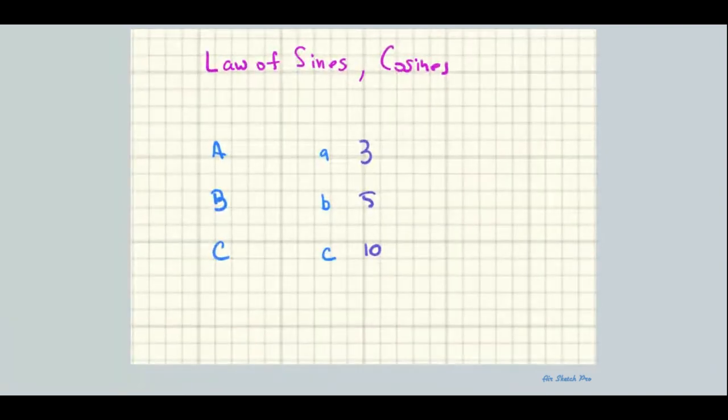How about this one? Law of sines, law of cosines, guys. That's right. Now this one I tossed in as another special example. Look at those numbers. Gold star for the first student who can tell me what's wrong with these numbers.